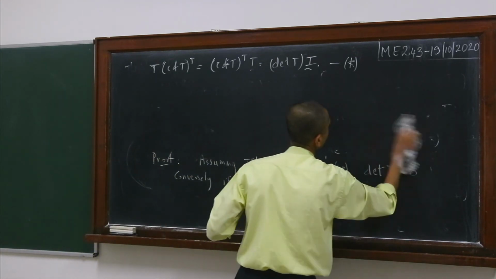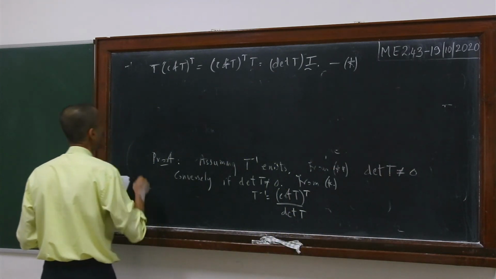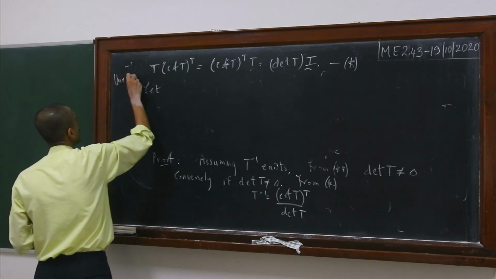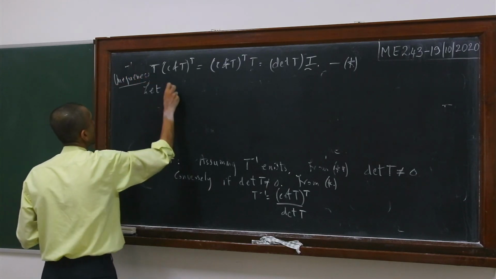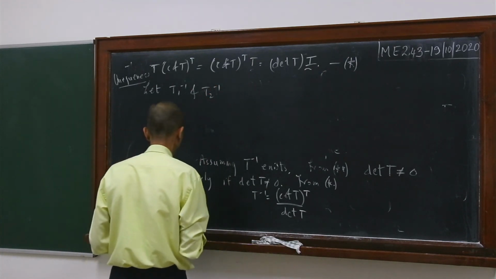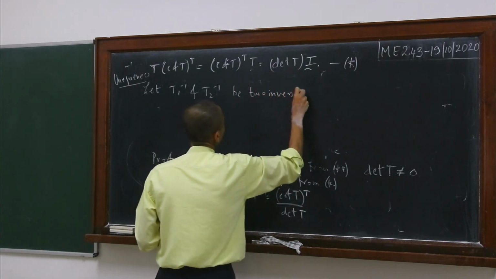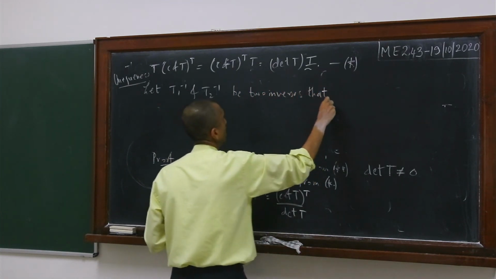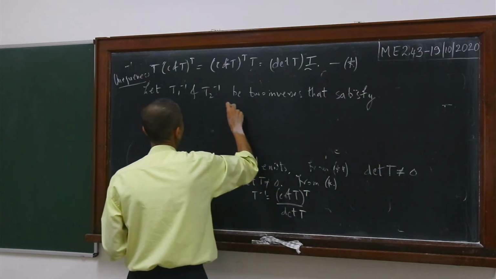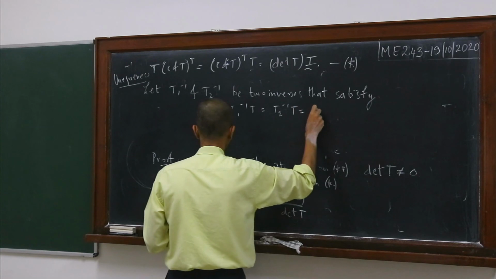So this is uniqueness now. Let T1 inverse and T2 inverse be two inverses that satisfy T1 inverse times T equals T2 inverse times T equals identity.